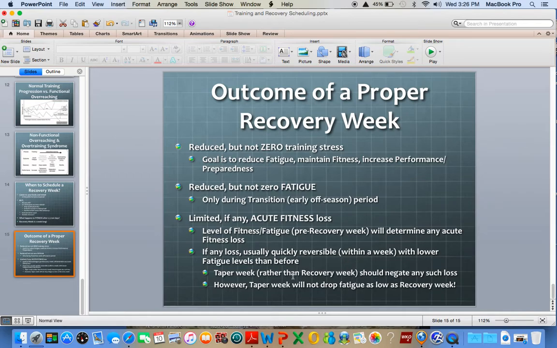That's done through high intensity and reduced volume. So rather than a recovery week, you just reduce the volume dramatically in an exponential way, all right? A taper week will not drop fatigue as low as a recovery week. So that's why you don't do just tapers in between blocks, right? Because you'll get into the next block, and after 2 weeks, you're going to be fatigued again. So it doesn't drop your fatigue levels as low.